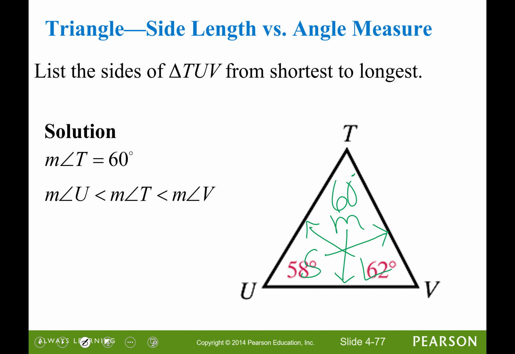We have our smallest angle being U, then T, then V, which makes our side lengths: TV would be the smallest, UV would be the middle one, and UT would be the longest. And there they are, listed in order from shortest to longest.